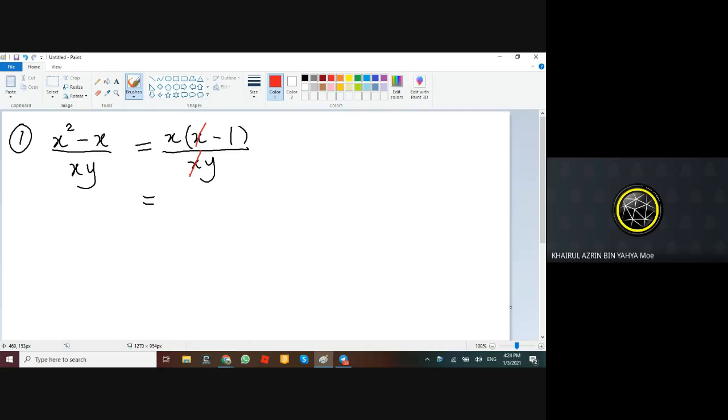We cannot cancel that x in the bracket, because this x here exists with the minus one. So if you want to eliminate in the bracket, you need to eliminate the whole thing in the bracket. Everything in the bracket you can eliminate if you want, but in this case, it's not possible. We only can eliminate this x and this x.